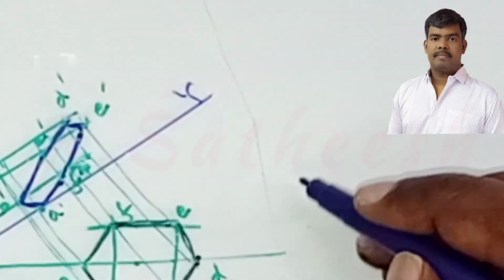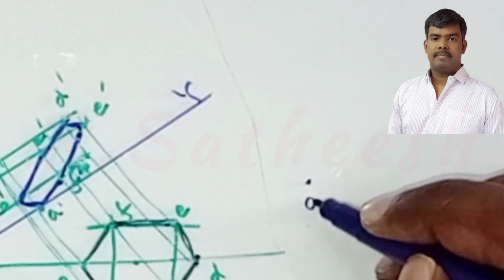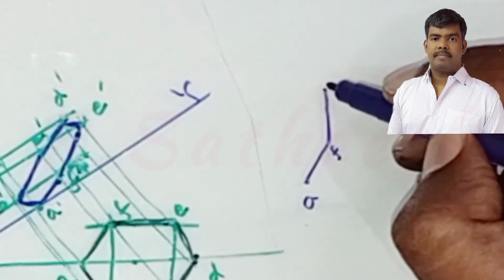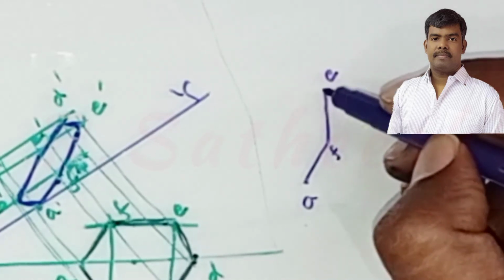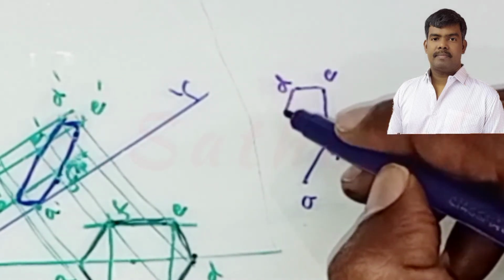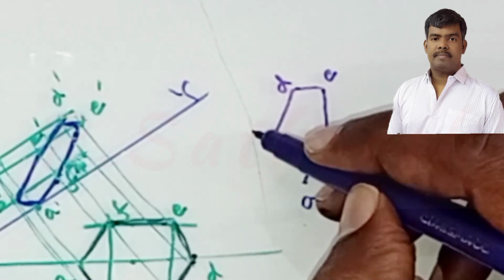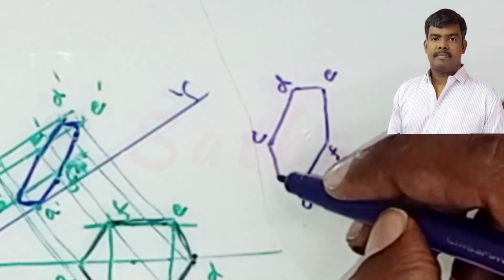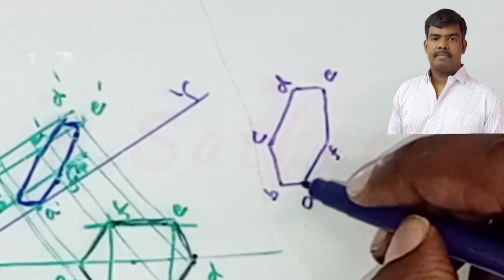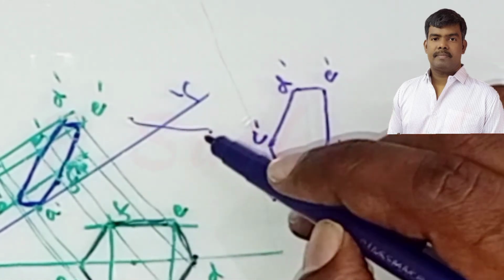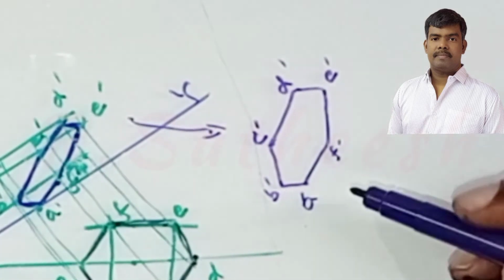For example, this is A to F, F to E, E to D, D to C, C to B, like this. Your answer is like this.